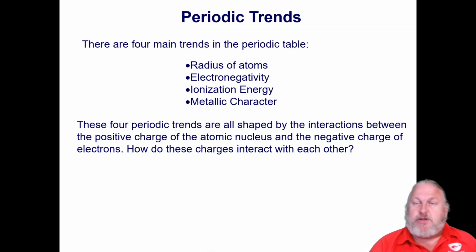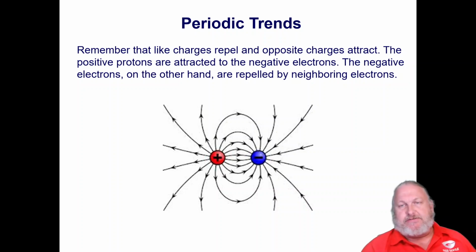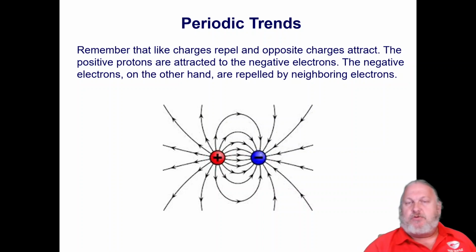So these four trends are shaped by the interactions between the positive charge of the nucleus and the negative charge of the electrons. So how do these charges interact with each other? That's the question we're going to be answering over the next couple of days. Now, remember this. Just about every science you've had in elementary school, middle school, high school, like charges repel and opposite charges attract.